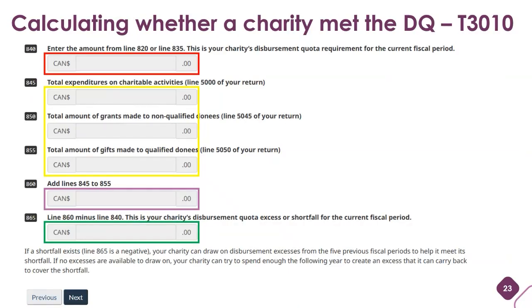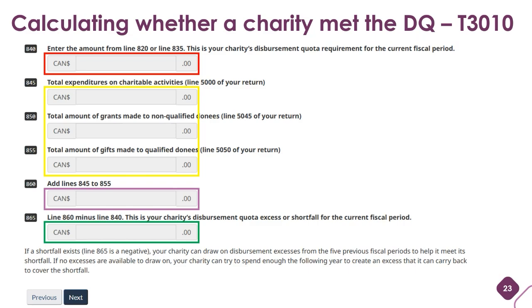Here's how we would present these amounts in the T3010. In Schedule 8, we have the DQ amount on line 840 in red, the expenditures on lines 845, 850, and 855 in yellow. Note that these are copies of the amounts on lines 5000, 5045, and 5050.